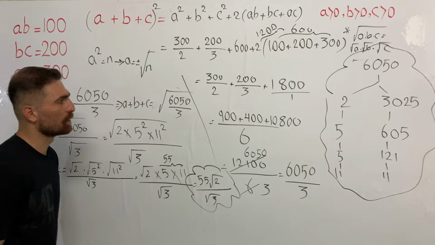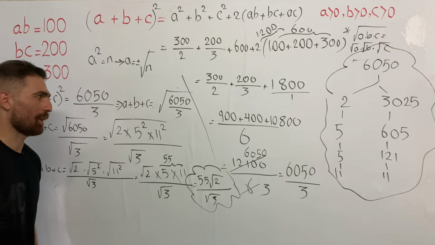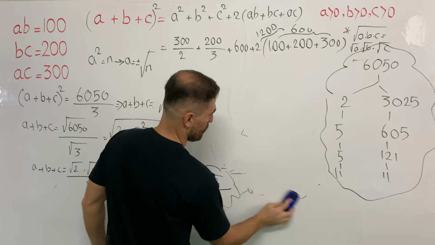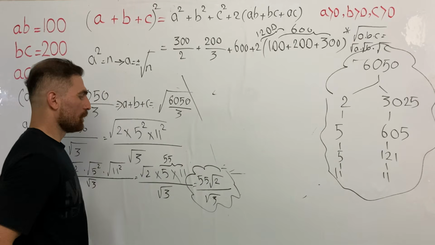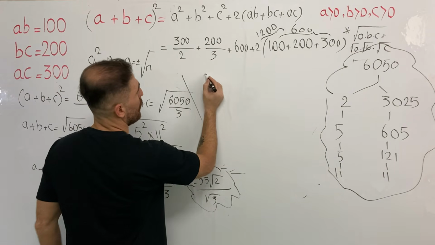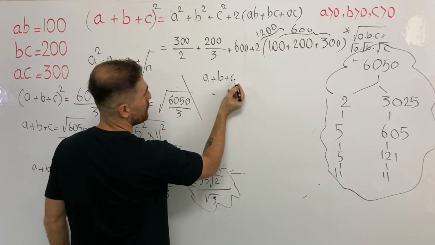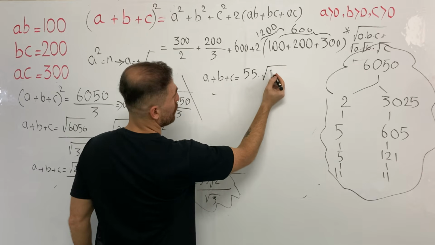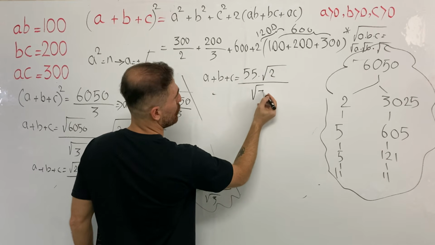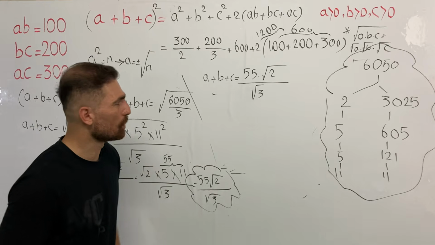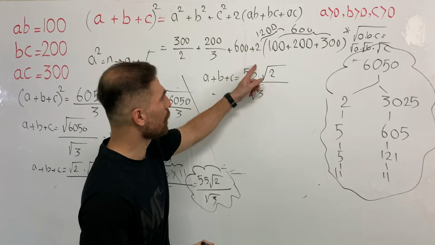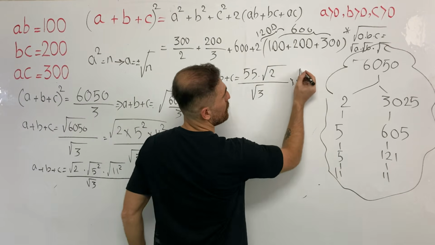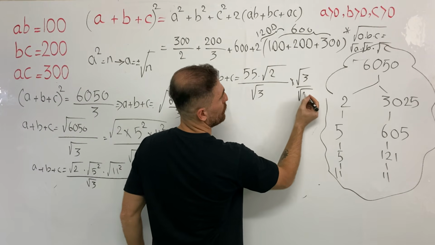But how can we continue the solution? Just a moment. Until here we have a plus b plus c is 55 times second root of 2 over second root of 3. To continue the solution, I'm going to multiply top and bottom by denominator, which means second root of 3.